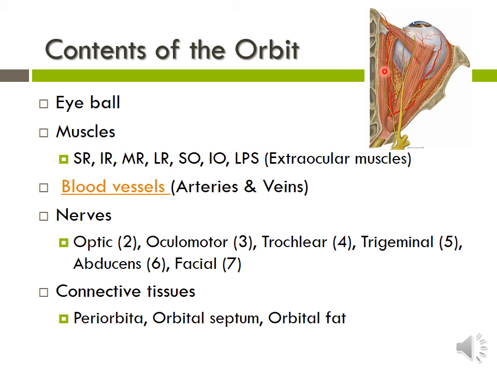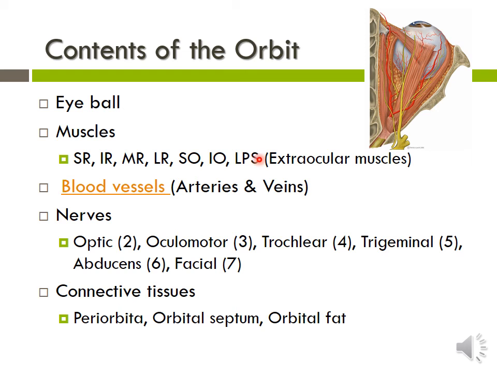So the superior oblique comes and attaches to the eyeball in an oblique manner. That is why it is called superior oblique. And you also cannot see the inferior oblique, it is at the inferior portion of the eyeball. So: superior rectus, inferior rectus, medial rectus, lateral rectus, superior oblique, inferior oblique, and levator palpebrae superioris.